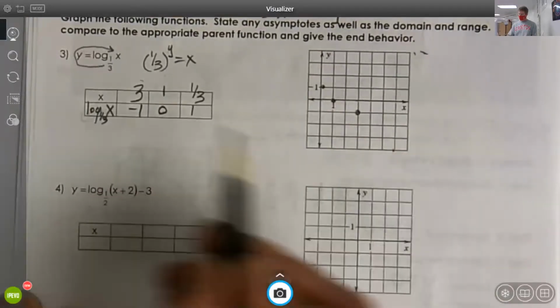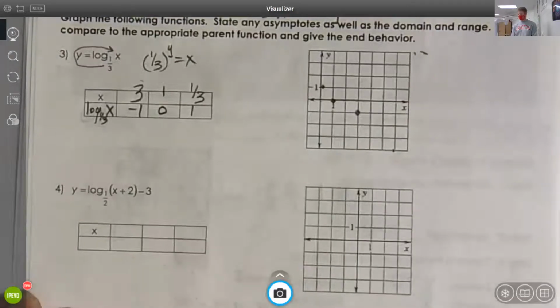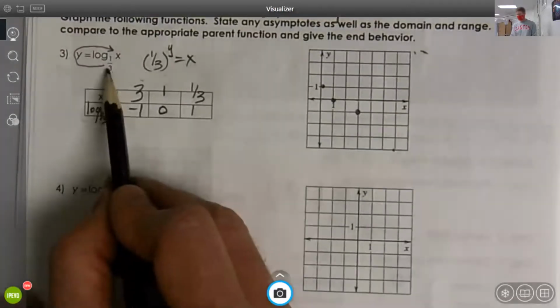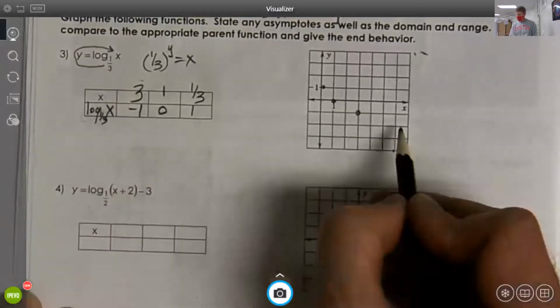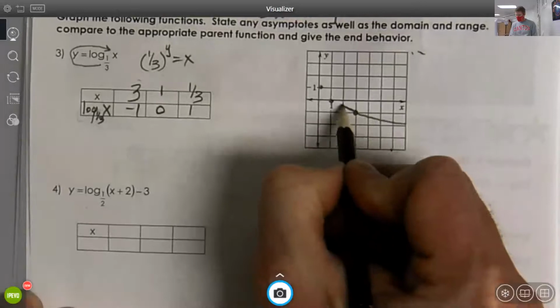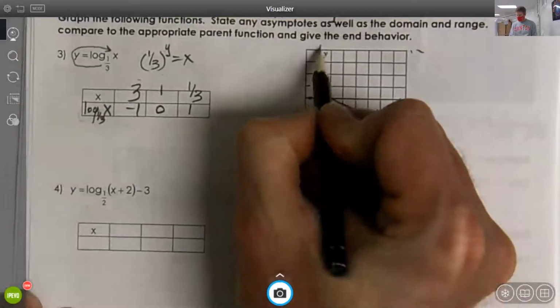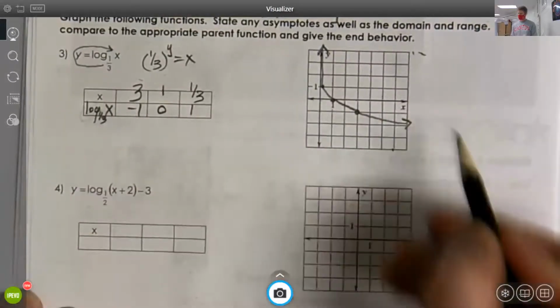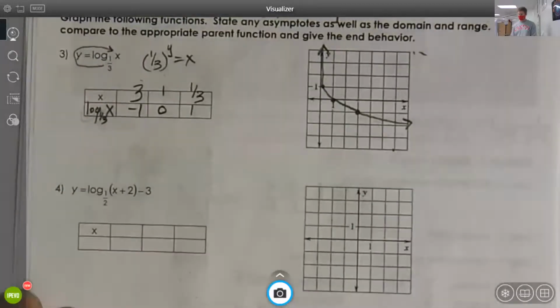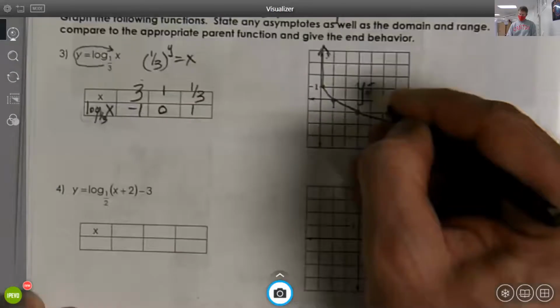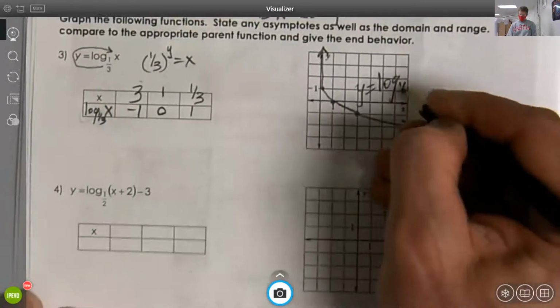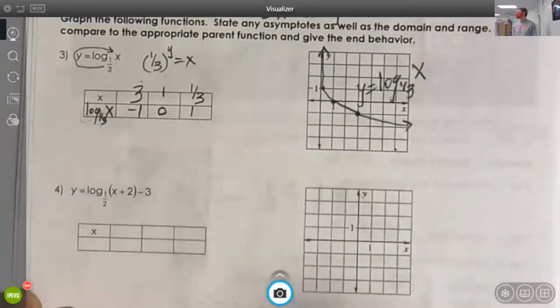So now we're kind of coming in from the other direction. That's because our base is 1/3. It's less than 1. So we're going to come in this direction. So that's the y equals log base 1/3 of x.